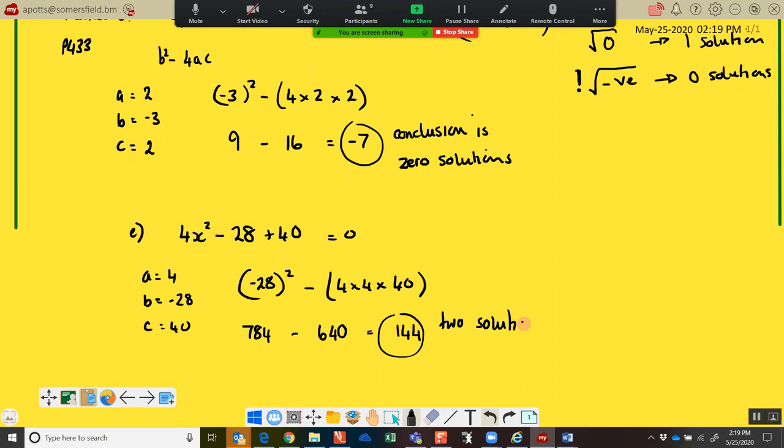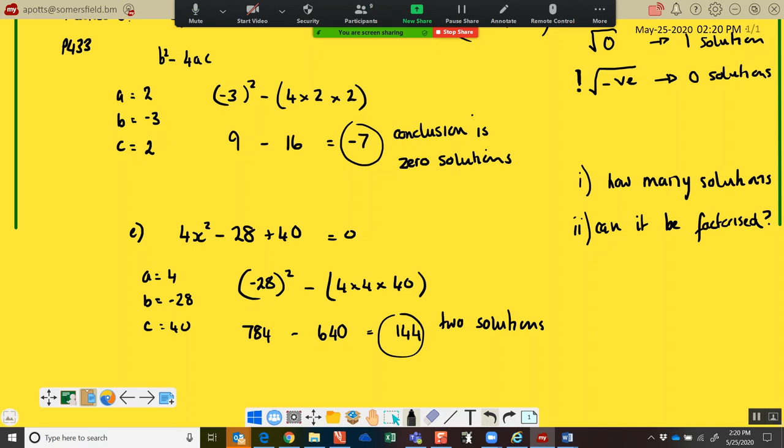Now, the next part, guys, is so part 1 for all those questions is how many solutions. So we can get that. That's simple enough. Okay, but part 2 is can it be factorized?